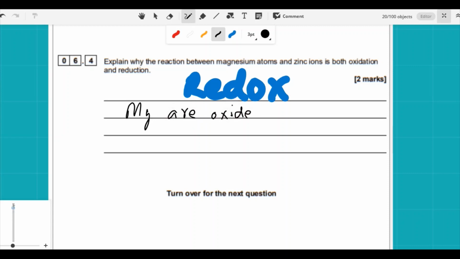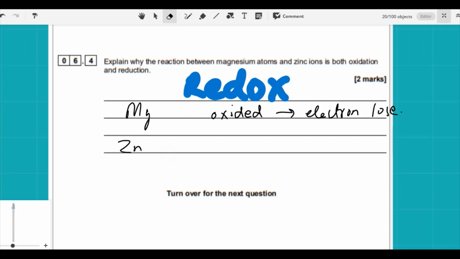Oxidized means loss of electrons, because here the electrons are lost, while the zinc is reduced. Zinc is reduced because of electron gain.